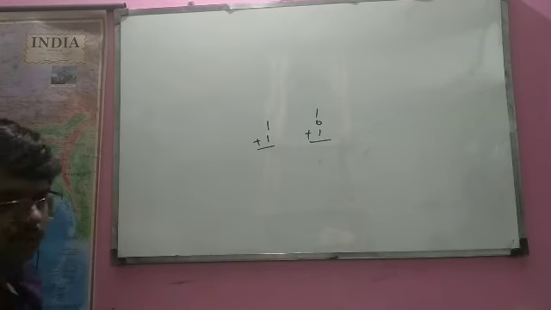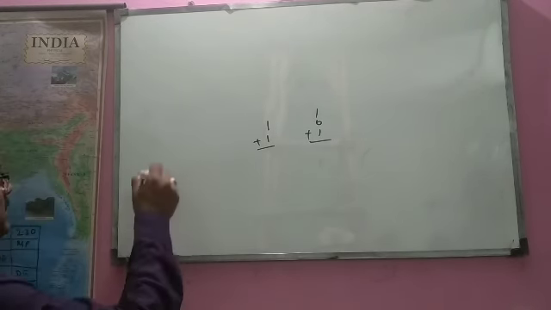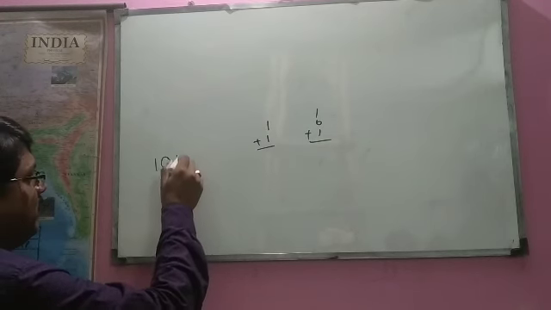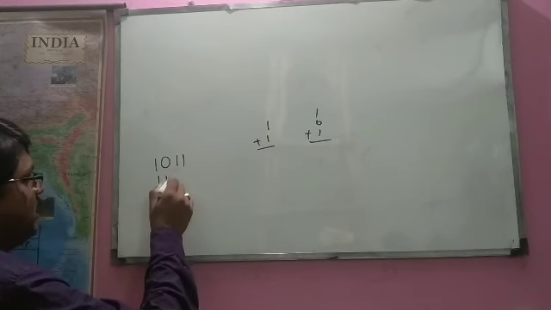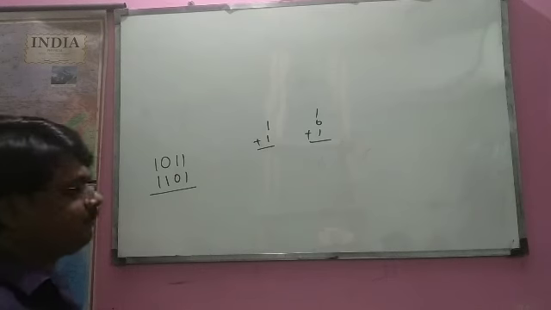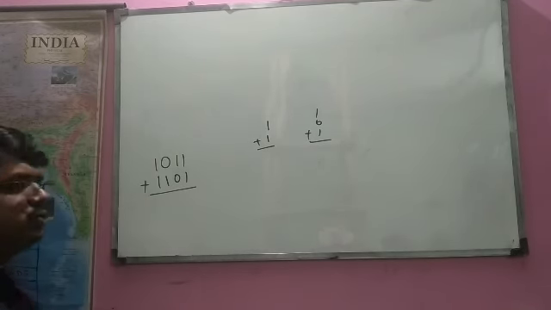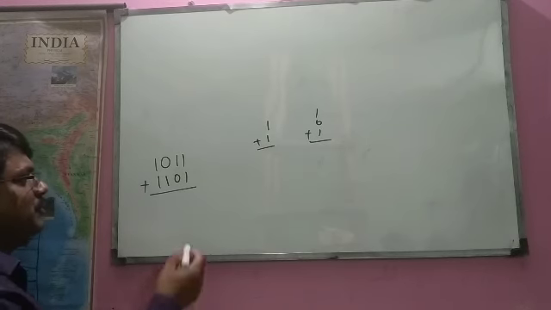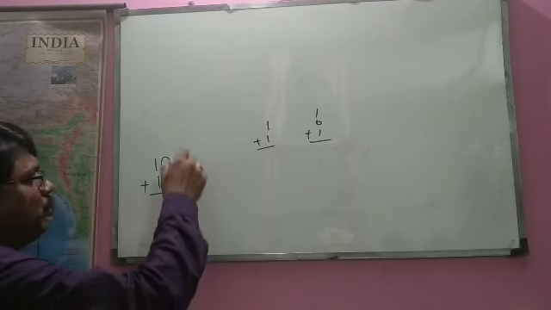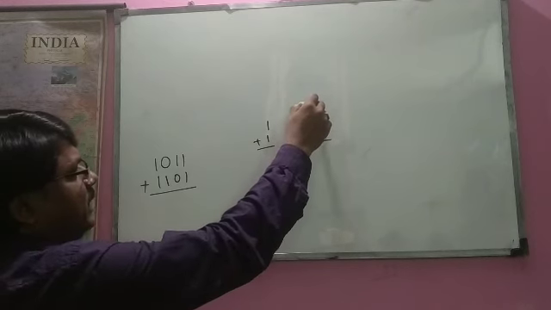Or let us suppose it is a binary number. If we want to add these two numbers, 1011 and 1101, can a full adder add these two? No, because a full adder can add only 3 bits.